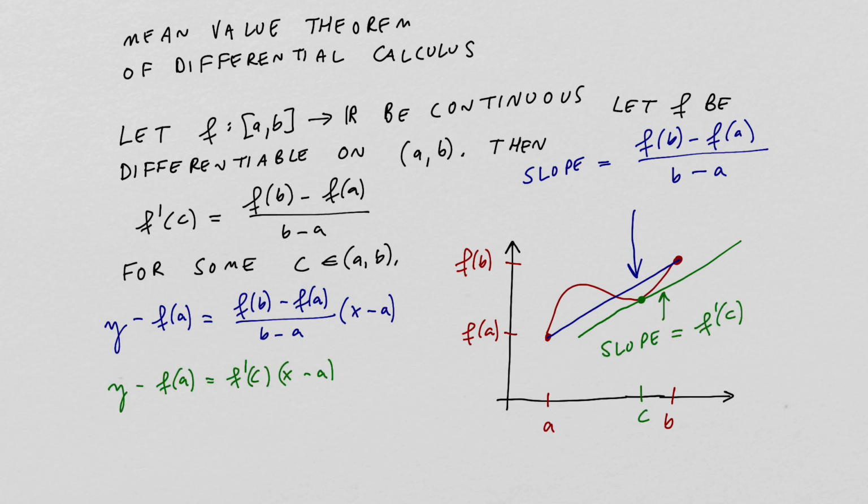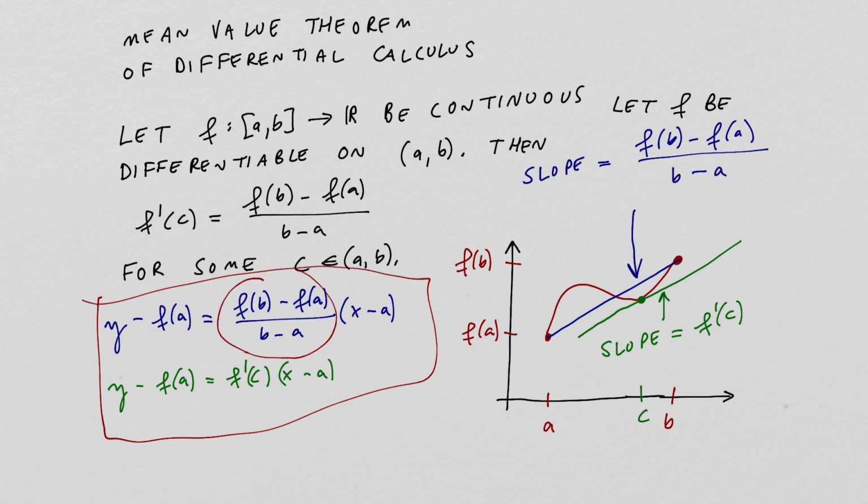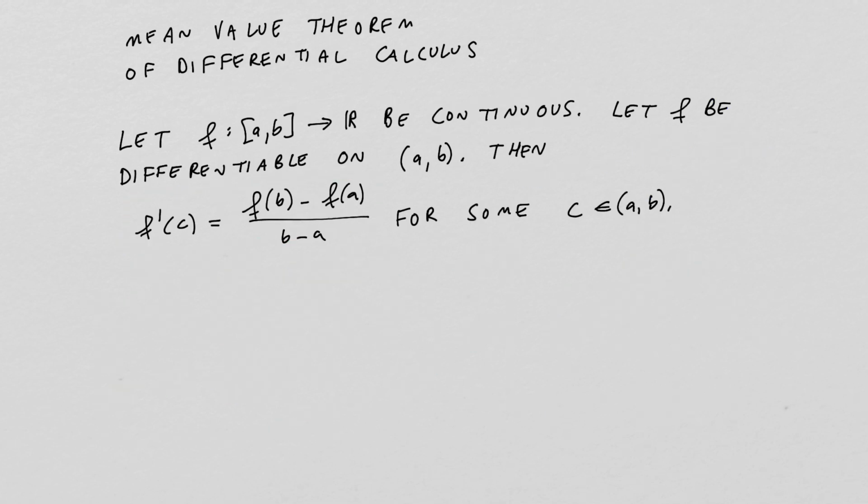The equation of the tangent would be this one. Because these two lines are parallel, their slopes must be equal, and therefore we have our equation. This is called the mean value theorem of differential calculus because in the claim we have a derivative.